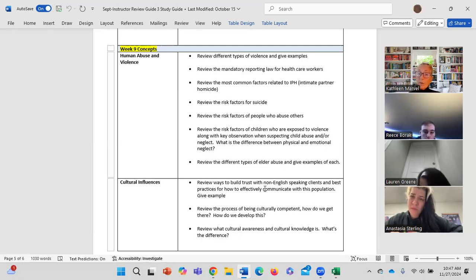What are the risk factors of people who abuse others? If you're having to take care of an abuser or work with an abuser, what are some risk factors? Why are they abusing? They may have been abused in the past, or may have been exposed to watching abuse, maybe of their siblings, maybe of one of their parents.